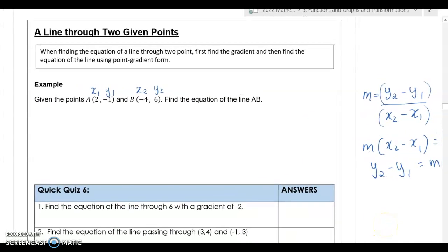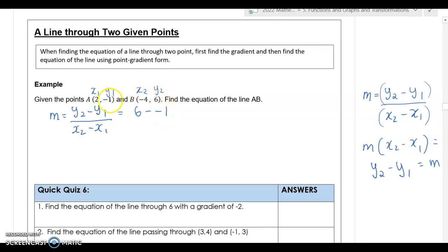Now let's have a look at our question again. So we've got these 2 points A and B. A gives us x1, y1, and B gives us x2, y2, and it asks us to find the equation of a line. So step 1, we need to find m. So m is our y2 minus y1 over x2 minus x1. Popping those in, we get 6 minus minus 1.